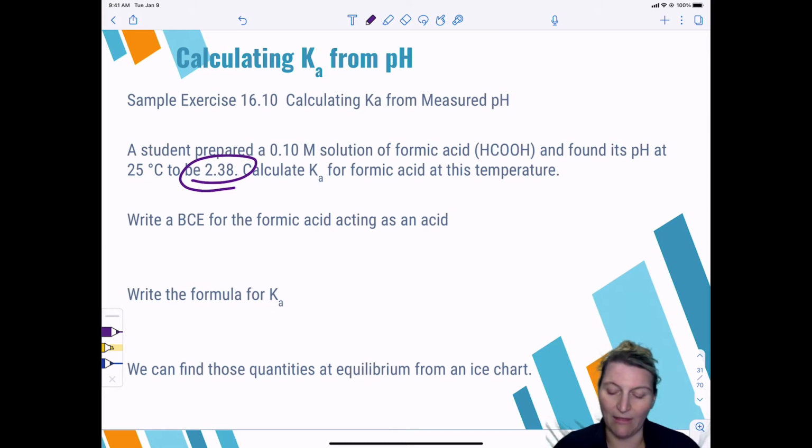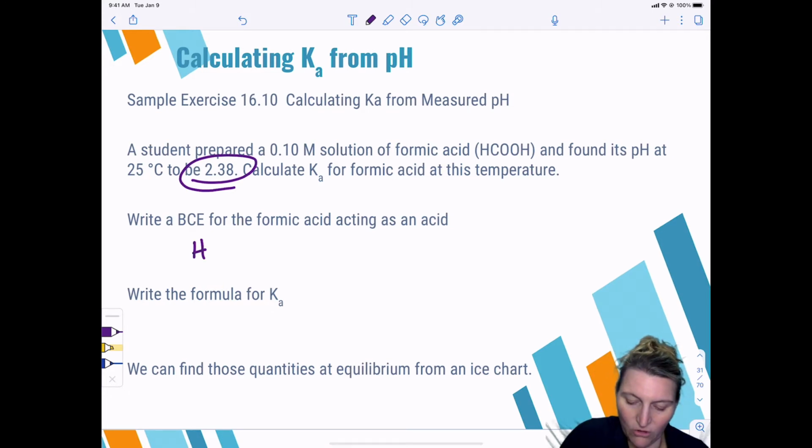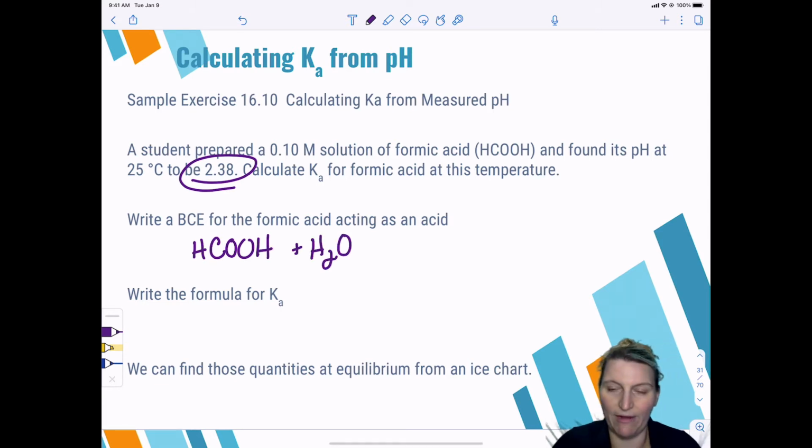So write a balanced chemical equation for the compound acting as an acid. And again, you could write HCOOH, or you could just write HA. But I will always show it reacting with water, and then donating a hydrogen to the water. So making H3O plus and HCOO negative.